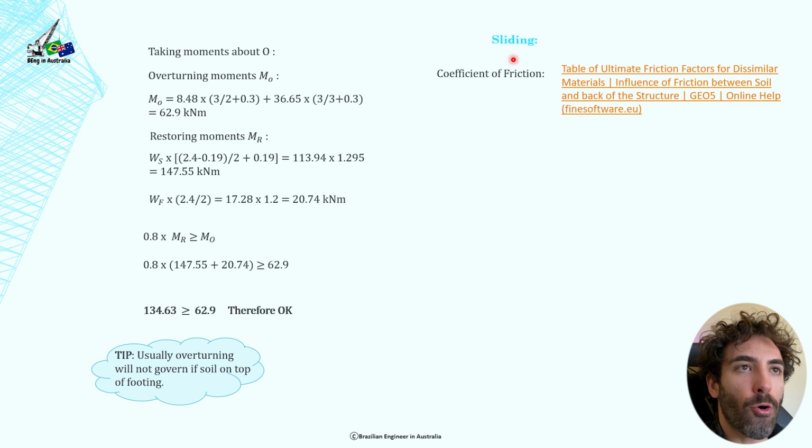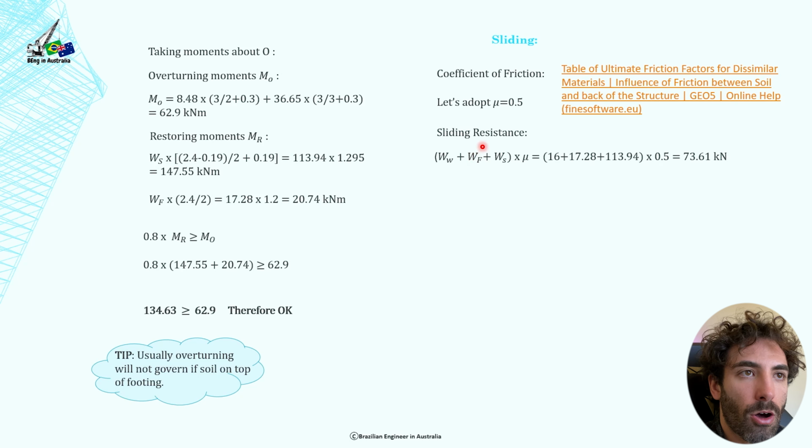We do need to know the coefficient of friction, and you can find this in this link here. Obviously you can't click on this link, right? But anyway, you can just do a search online and you're gonna find coefficients of friction for different types of soil. Here we're gonna adopt a coefficient of friction of 0.5, and the sliding resistance is the self-weight of our structure times the coefficient of friction, and that is the self-weight of the wall plus the self-weight of the footing plus the self-weight of the soil, times 0.5.